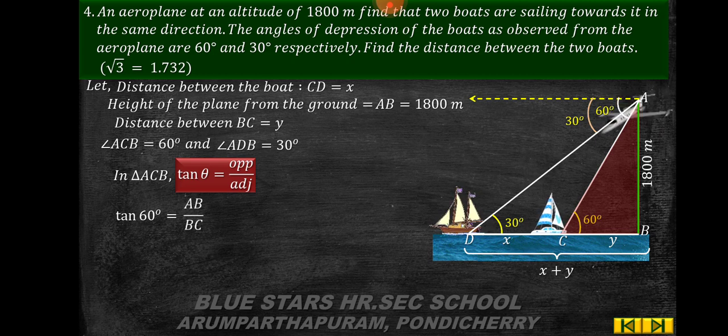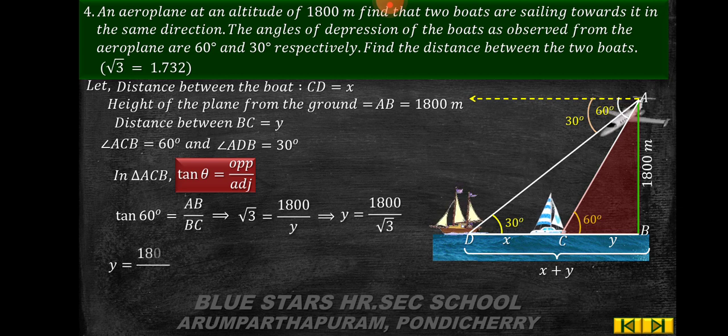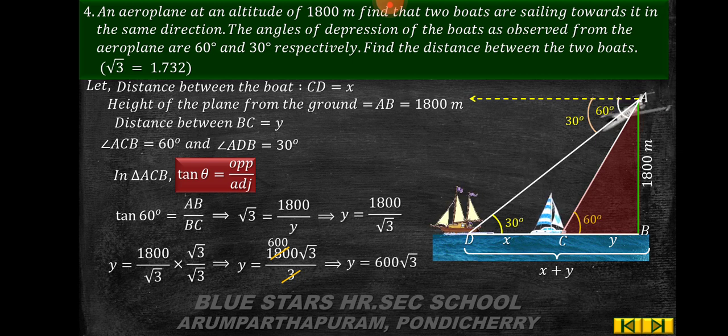Tan 60 degrees is equal to AB by BC, which implies tan 60 degrees is root 3, which is equal to AB is 1800 divided by BC value is y. Therefore y is equal to 1800 by root 3, into root 3 by root 3, which is equal to 1800 root 3 by 3. So 3 and 1800 get cancelled. You get 600. Therefore y is equal to 600 root 3, which is your equation number 1.